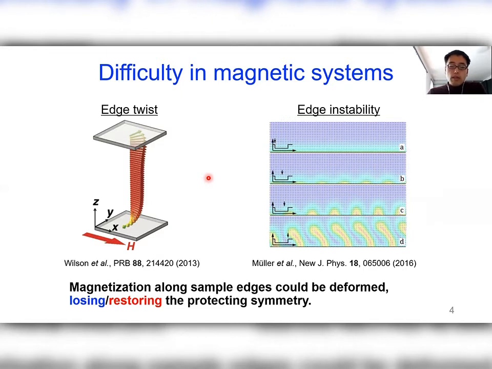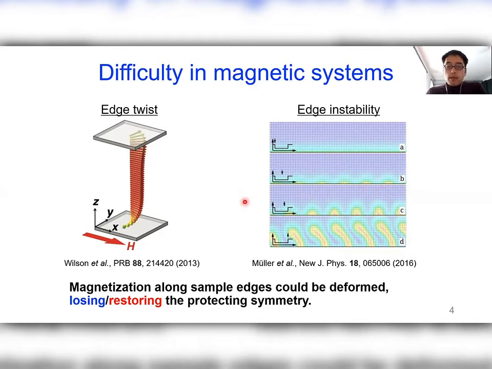And unfortunately, it is quite easy for the magnetization along the edges of the sample to get deformed in magnetic systems. For example, the Dzyaloshinskii-Moriya interaction that arises from the spin-orbit coupling leads to twisted spin textures along the sample edges in ferromagnetic systems. And furthermore, upon decreasing the magnetic field, the twisted magnetization along the sample boundaries undergoes an instability to nucleate striped domains from edges into the bulk of the sample in ferromagnetic systems.